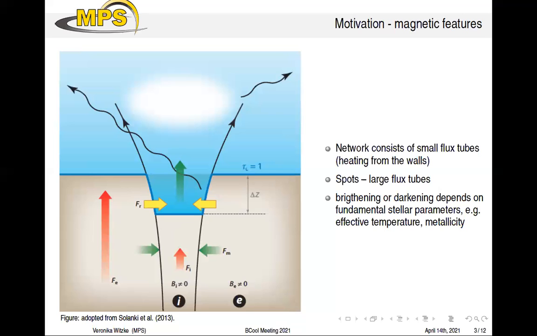So we have a very good knowledge of the magnetic features that we can observe on the sun. However, we cannot go to other stars, and we know that fundamental stellar parameters like the effective temperature and metallicity will have an effect on them.